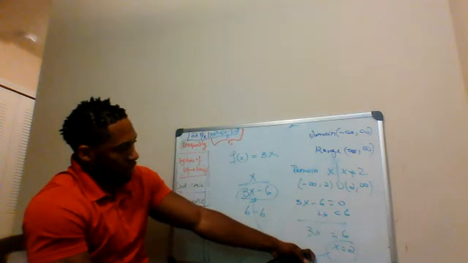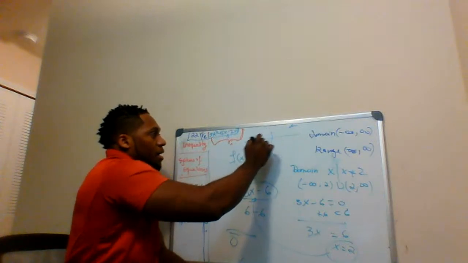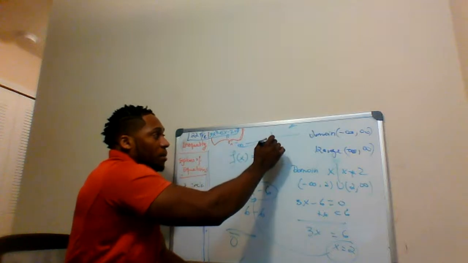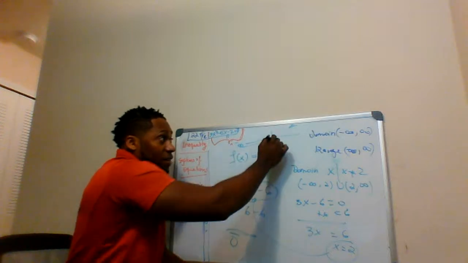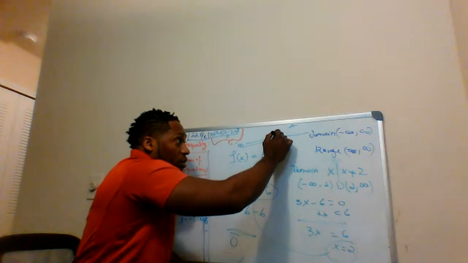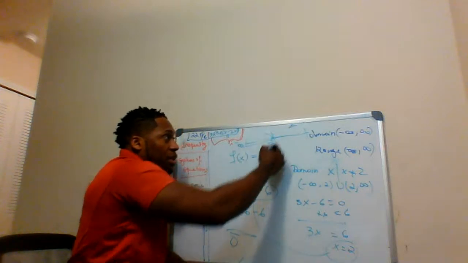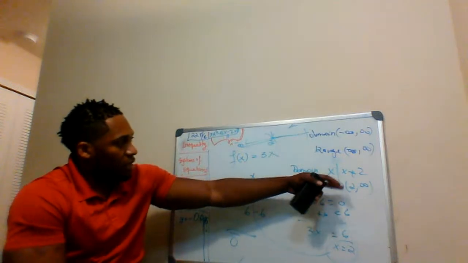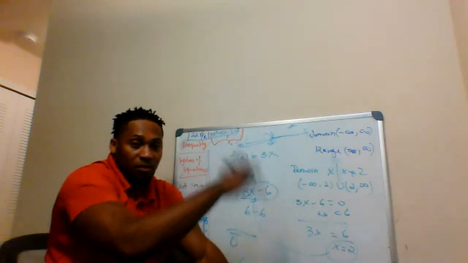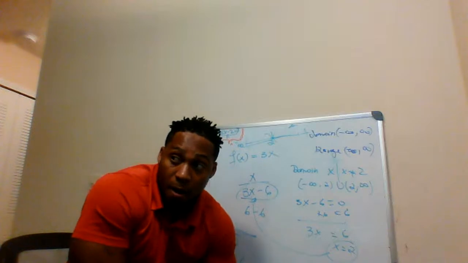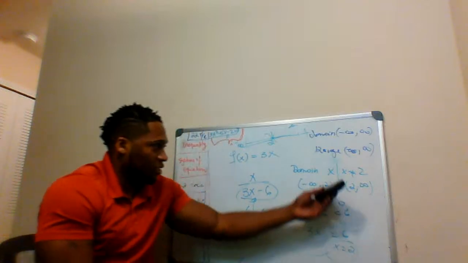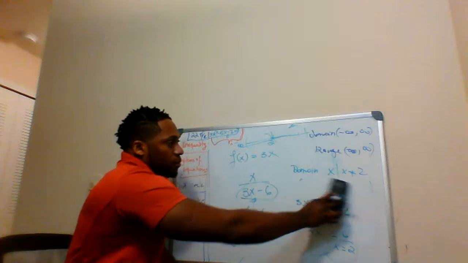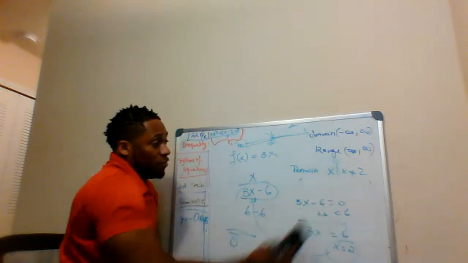I go all the way from negative infinity, and when I get to 2, I stop because it cannot take the value of 2. Then from 2, I continue. That gives me 2 different intervals. Most likely the teacher will say all x except for x equal to 2. That should be fine. You don't even have to do the intervals for the most part.